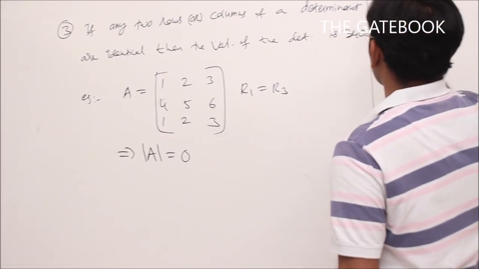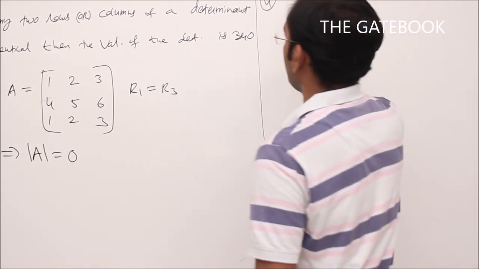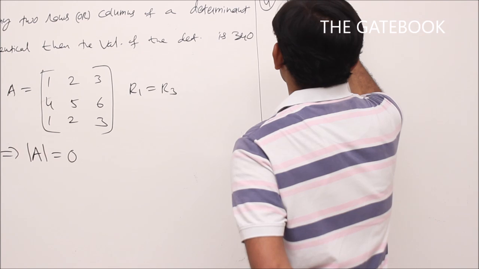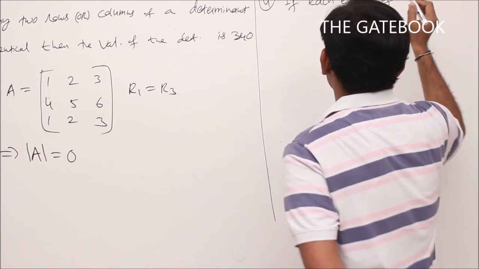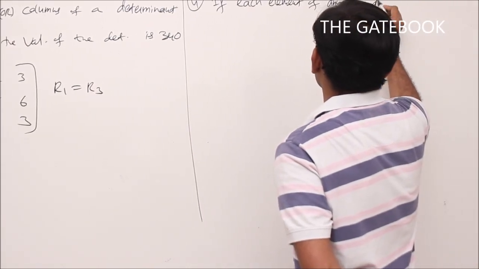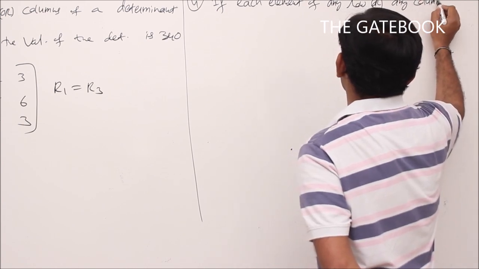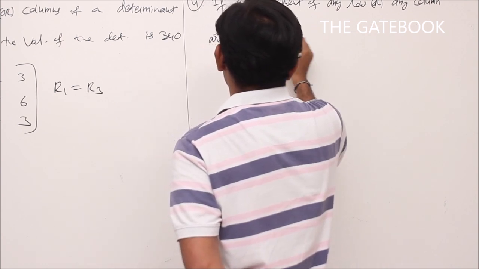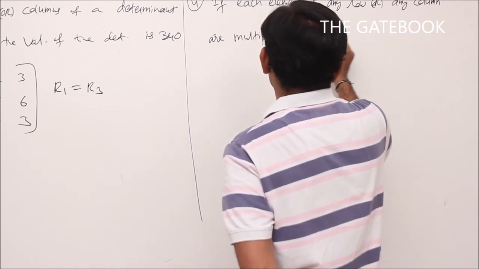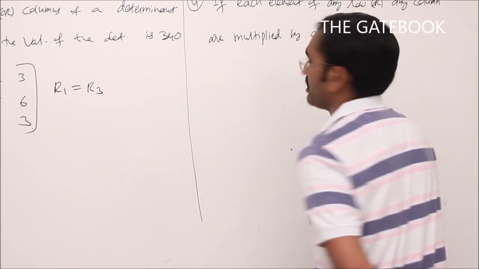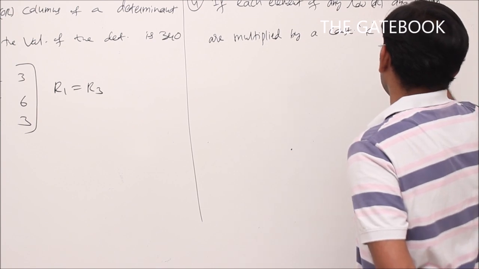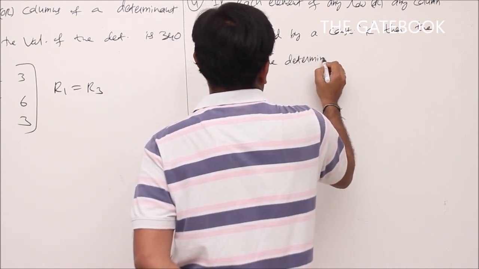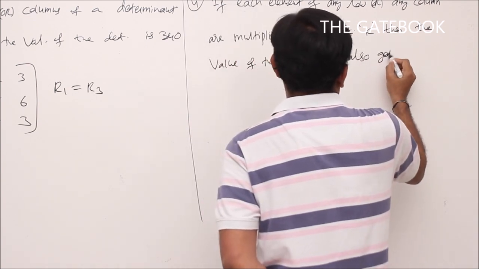Now, fourth property, if each element of any row or any column are multiplied by a constant k, then the value of the determinant also gets multiplied by k.